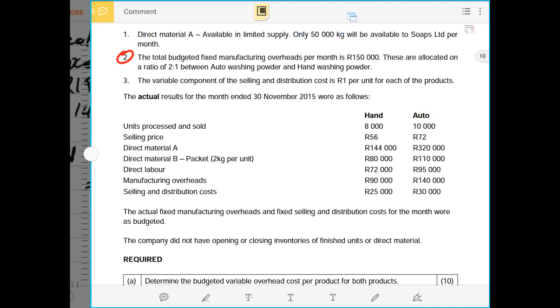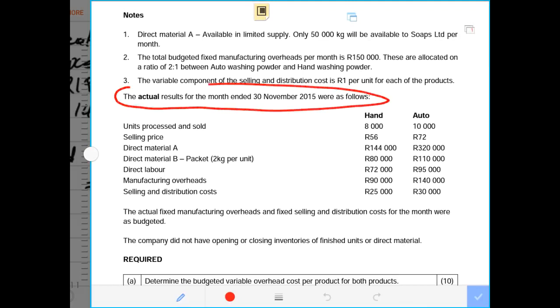Just do it bit by bit. Most of the time, budgeted information will be enough to respond to maybe 50% of the question. So now we go to the actual information, which is mostly important for the analysis of the variance. We have units that were processed and sold, 8,000 units and 10,000 units. Selling price is 56 and 72.